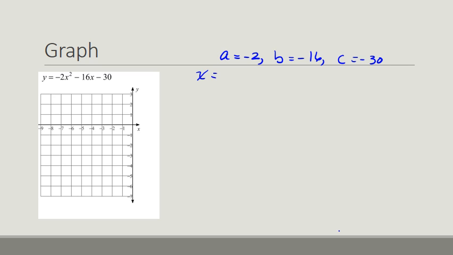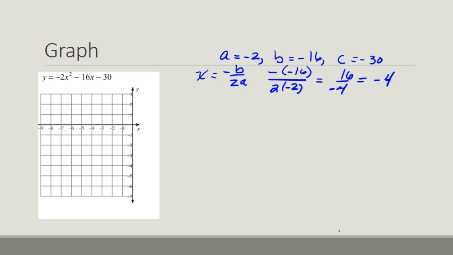So x is going to be negative b over 2a, which is going to be the negative of negative 16 over 2 times negative 2. So I'm going to get 16 over negative 4, which is negative 4.